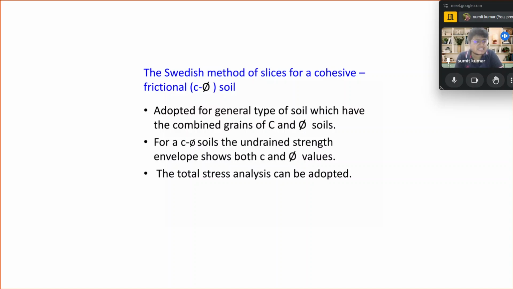This conveys that the soil has cohesion as well as an angle of internal friction, so the soil is neither only clay nor only sand. For that type of soil condition, the Swedish slip circle method is performed.